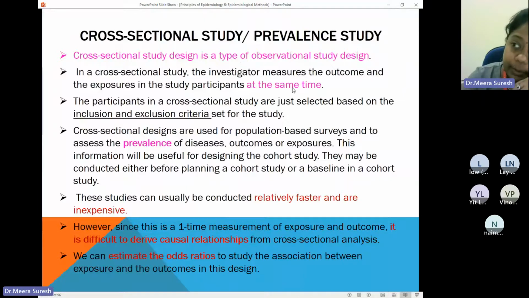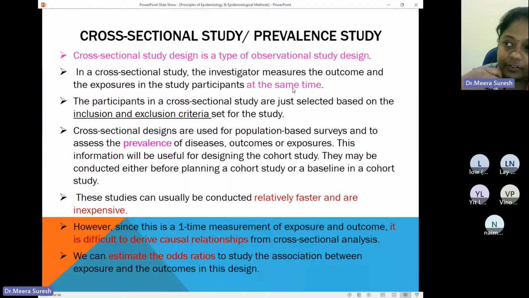So when you are studying child abuse in migrants, one of the exclusion criteria will be that local people will not be studied. When your inclusion criterion is migrants, obviously you're going to exclude all the people who are not migrants. So it is based on inclusion and exclusion criteria that you select the people for the study. And when we go to the further studies, you'll see that how we select people for the study is different.